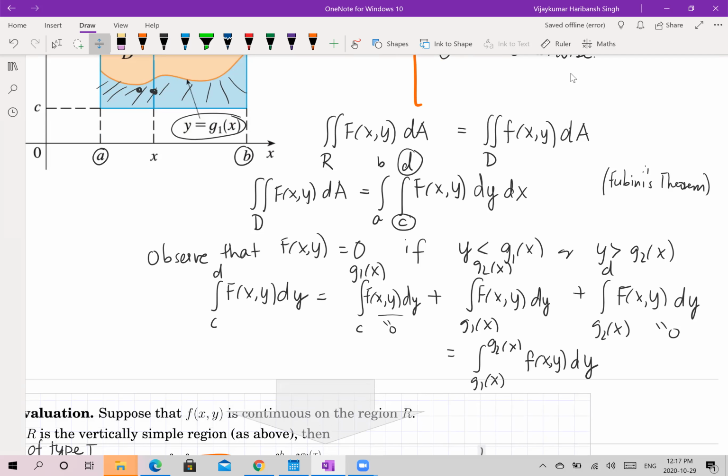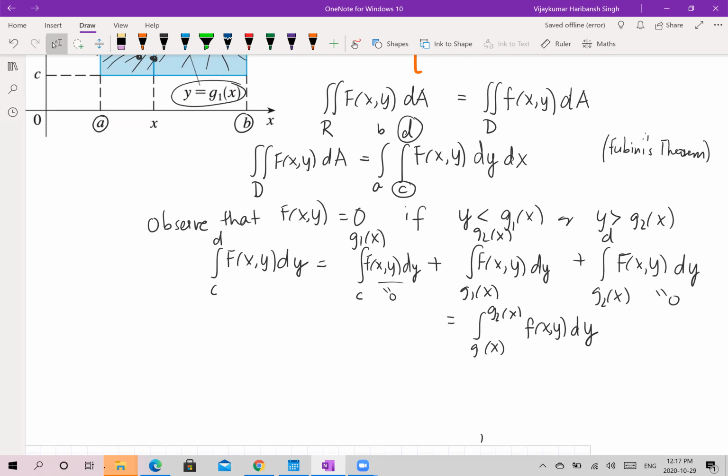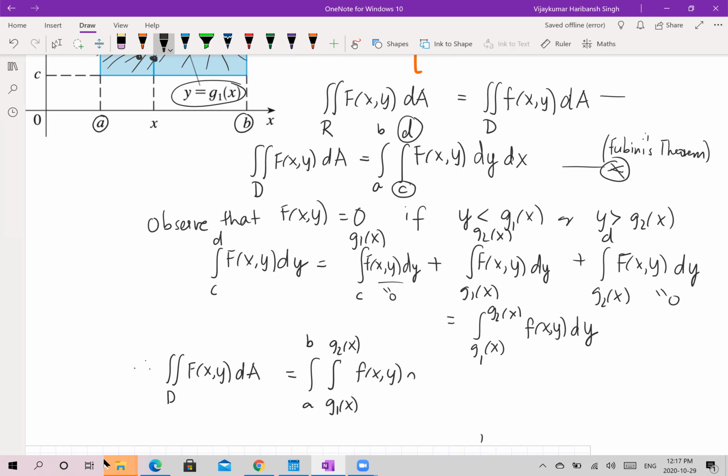Now, if we plug that back in, in star, we get therefore the integral over D of f of xy dA, which is equal to the integral from A to B. Now instead of C to D, it will be g1 of x to g2 of x of f of xy, y first and then x.